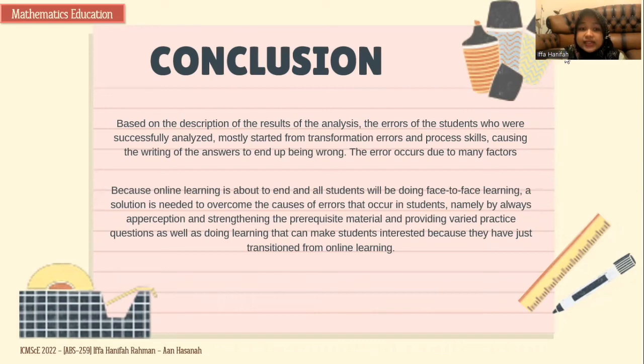Because online learning is about to end and all students will be doing face-to-face learning, a solution is needed to overcome these causes of error in students, namely by always doing apperception and strengthening the prerequisite material and providing varied practice questions as well as doing learning that can make students interested because they have just transitioned from online learning.